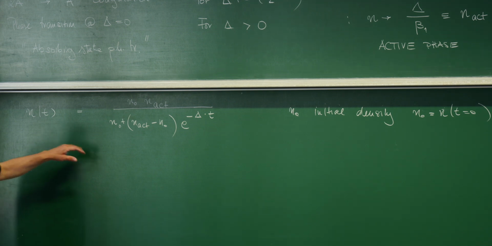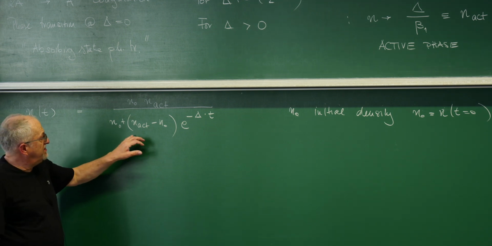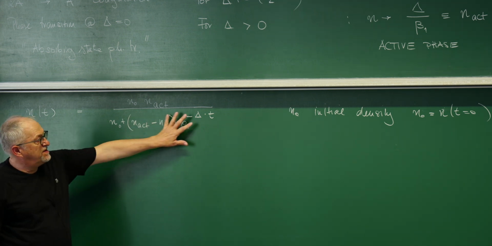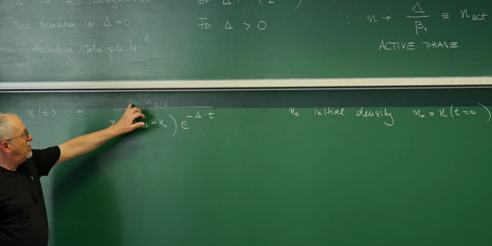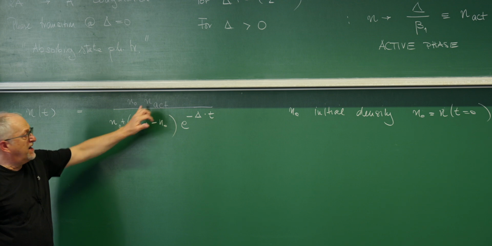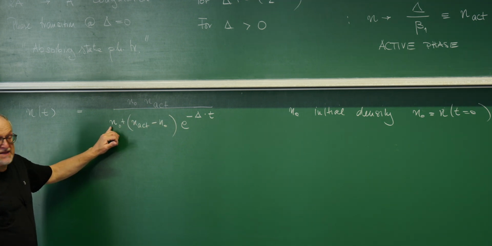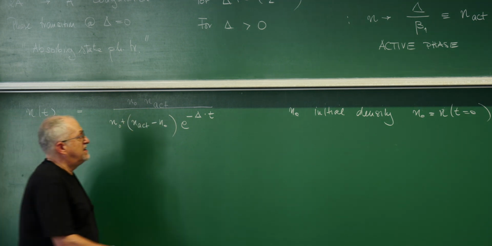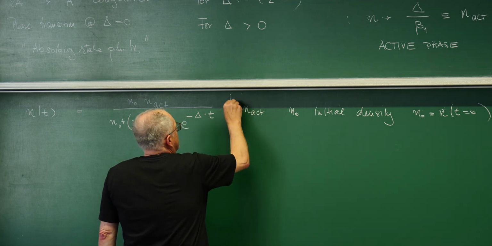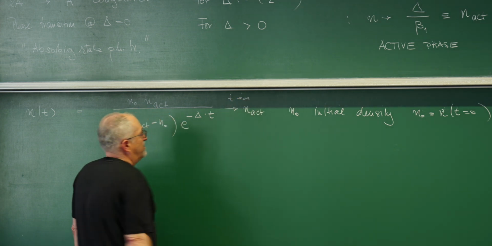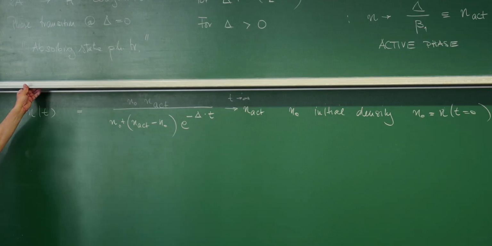Okay, and when you look at that, what happens as t goes to infinity? As t goes to infinity, this second term in the denominator vanishes, and all that remains is n naught times n active. N naught cancels, so this approaches n active in the limit of asymptotic times.